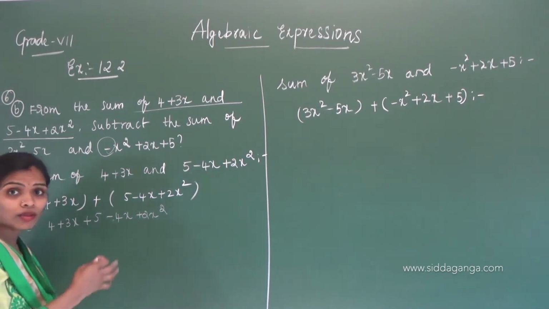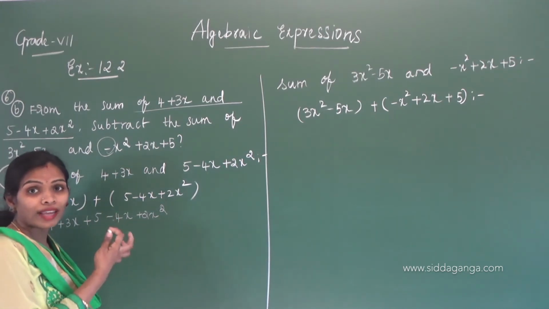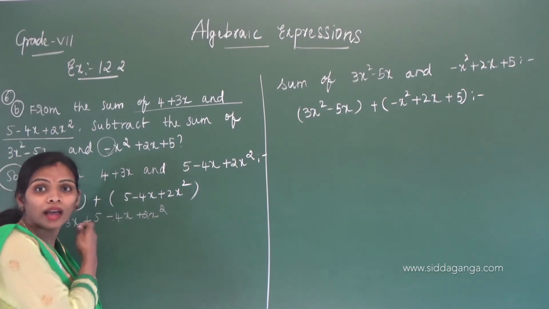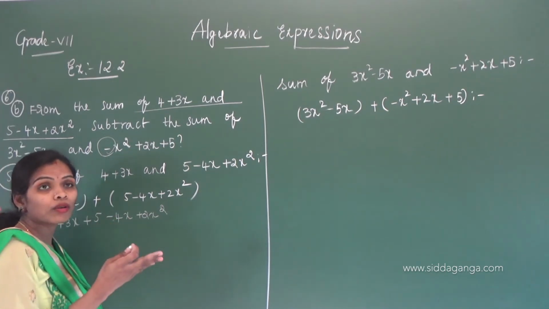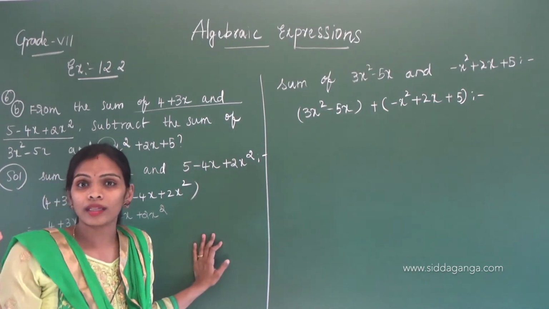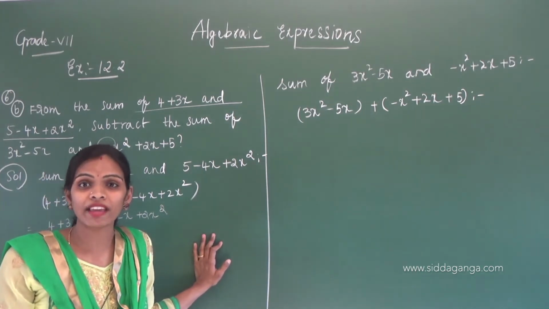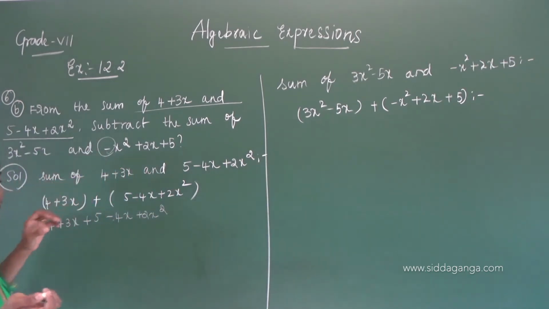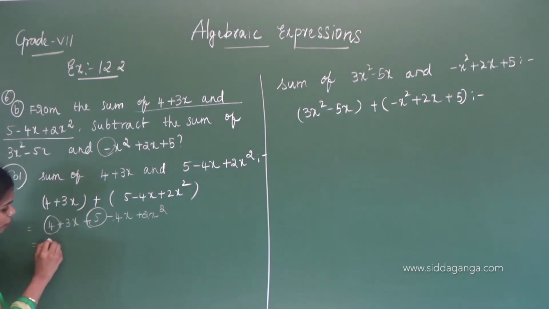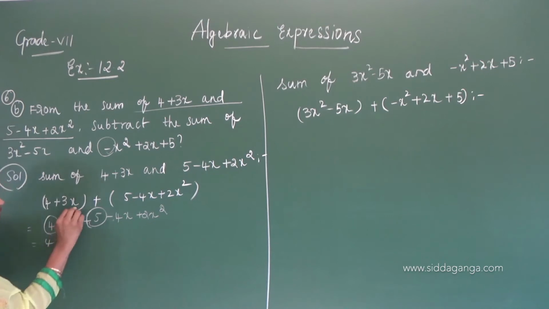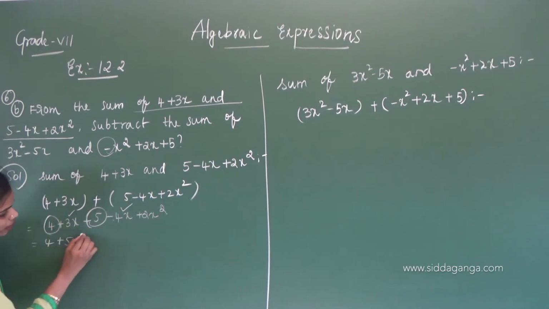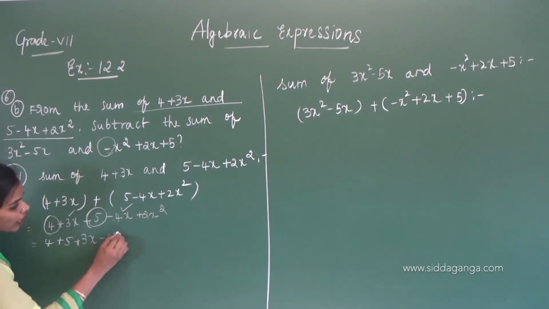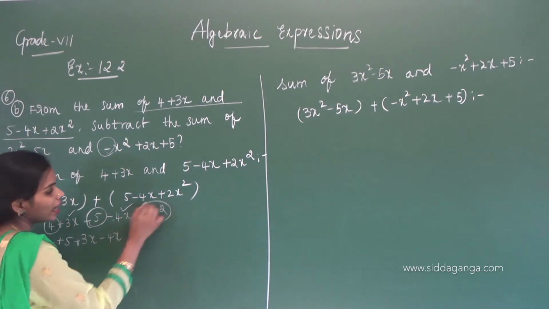After that, you have to separate the like terms, the terms which have the same literal factors. What are they called? Like terms. I am writing the like terms once. First I am writing the constant terms 4 plus 5, then the x terms 3x minus 4x, and then the x square term.